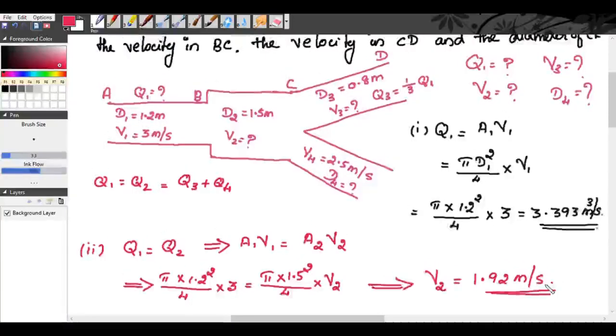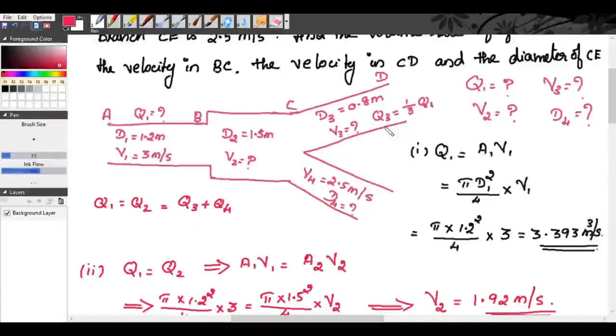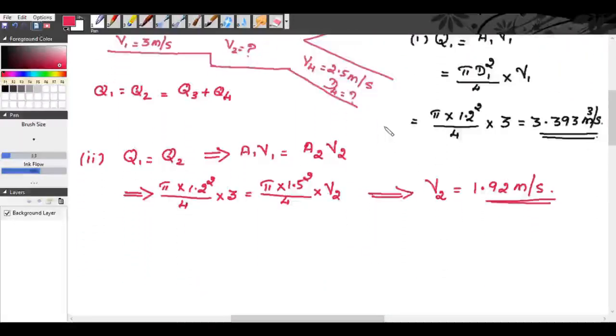Now, third, we need to find what is V3, right? Two conditions are given. Q3 is equal to 1 by 3 of Q1. So using this we will find V3. Third part.